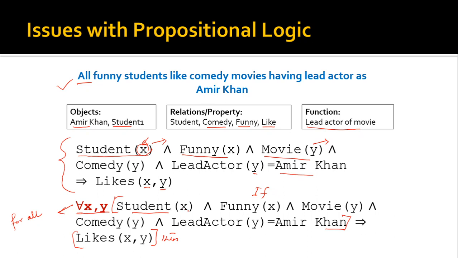So if I'm putting the value of x to be, say, student 1, then I'm saying if student 1 is a student, student 1 is funny, and y is, say, movie 1, M1 is a movie, M1 is comedy, and lead actor of M1 is Aamir Khan, then student 1 likes M1, right?